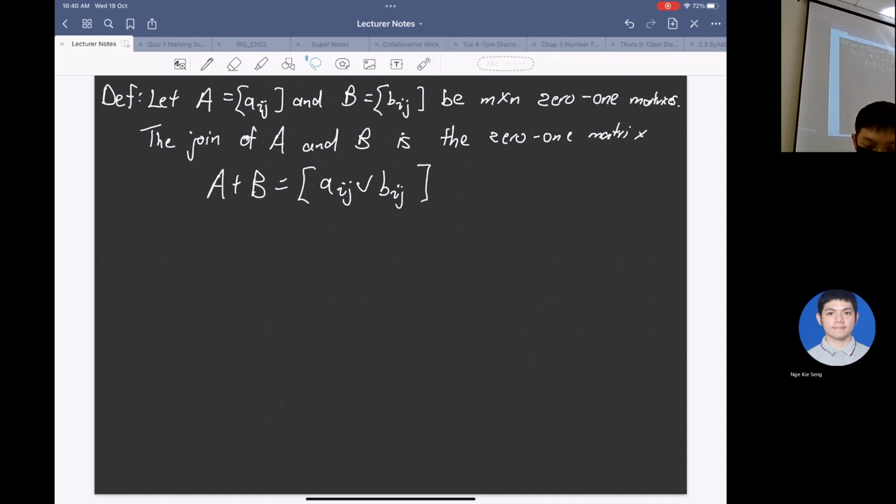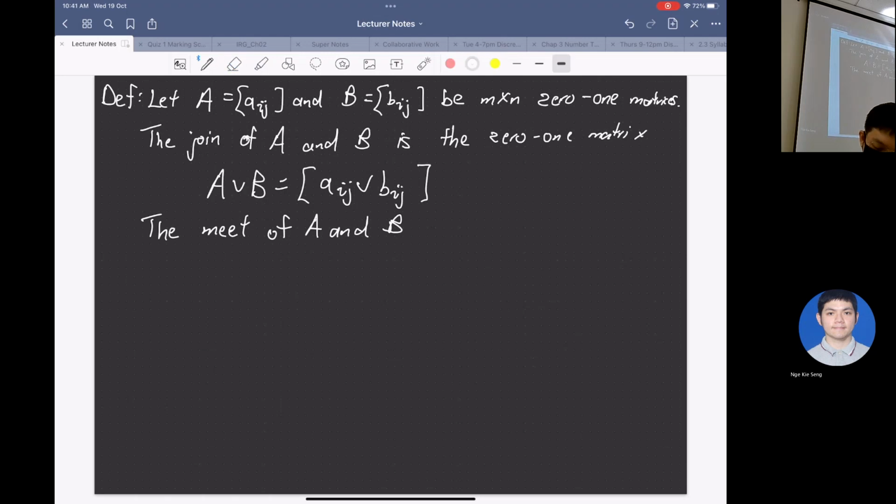See, now you really see this as a plus now. And then the meet of A, B. Actually, I used the wrong symbol.